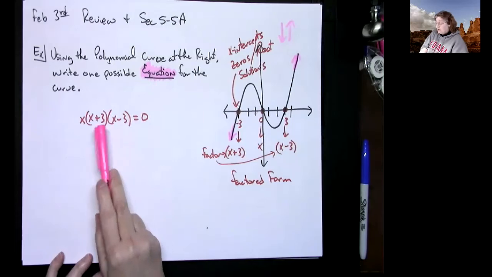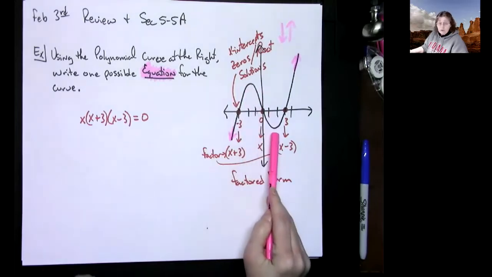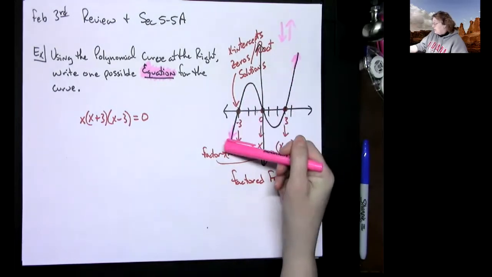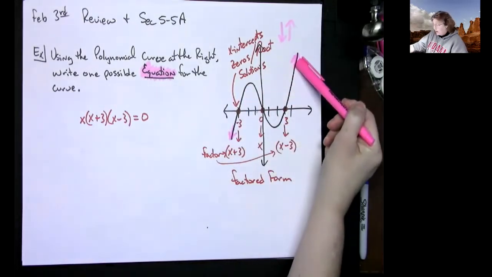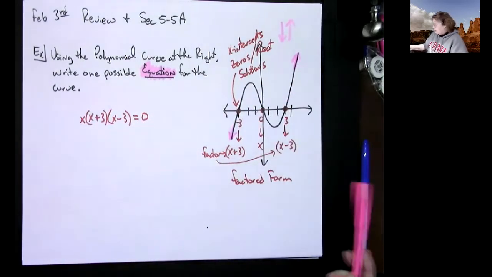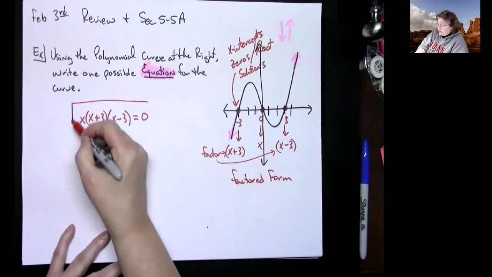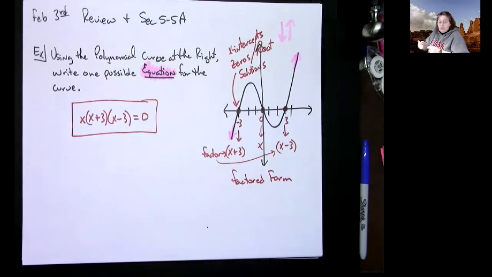If I were to multiply x times x times x all out, I'd have an x to the third, and I've got two turning points, so that looks good. With it being down-up end behavior, that means I need a positive leading coefficient, and I didn't put a negative number in front of it, so we're good. Going through and putting together everything that we know so far gets us one possible equation.